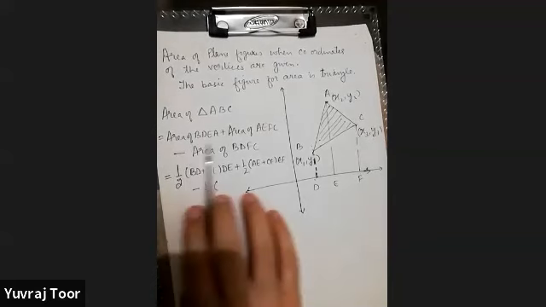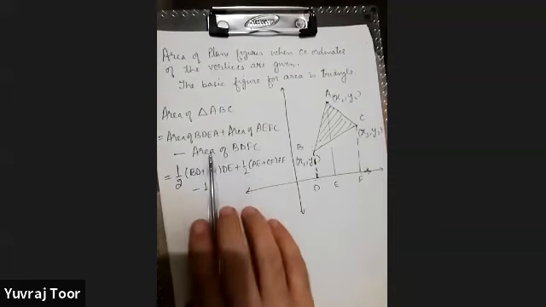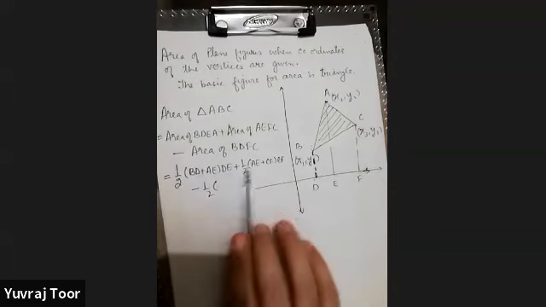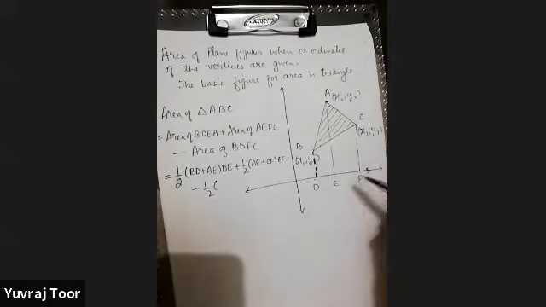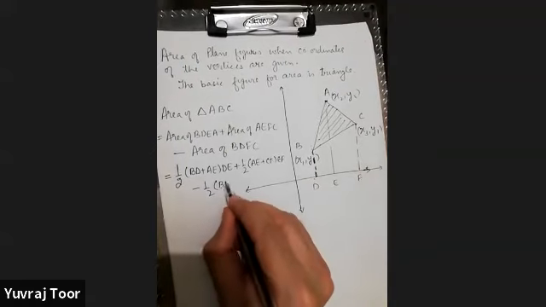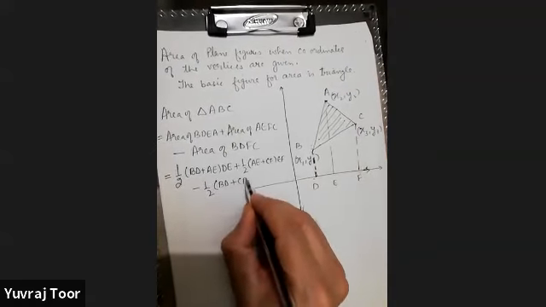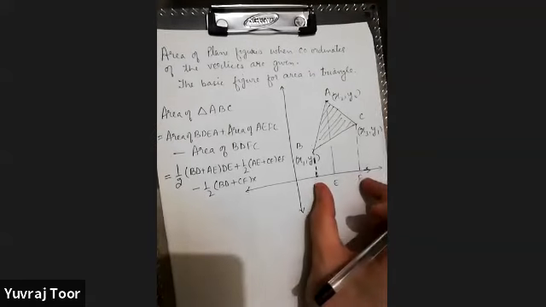So we have to take the area of BDEA, AEFC, and the area of BDFC. Two areas I am adding, and the third area I am subtracting. So BDFC, these are the parallel sides, BD plus CF, and I'm multiplying DF.